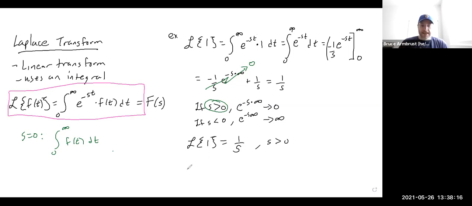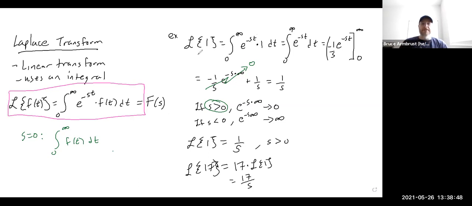So if we wanted to take the Laplace transform of 17, it's going to be 17 times the Laplace transform of 1, which is 17 over s. You want the Laplace transform of negative 32? It's negative 32 over s, and so on. So we're going to make use of the fact that it's a linear transform to help us when we get to more complicated, bigger functions.